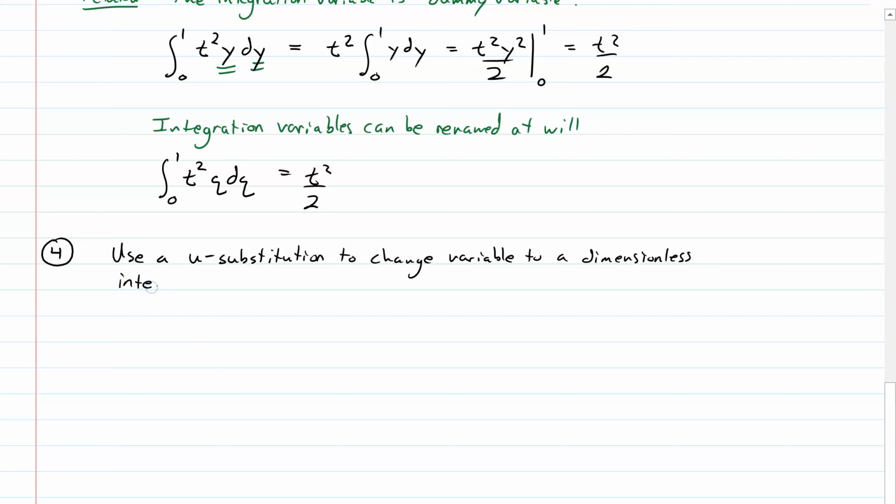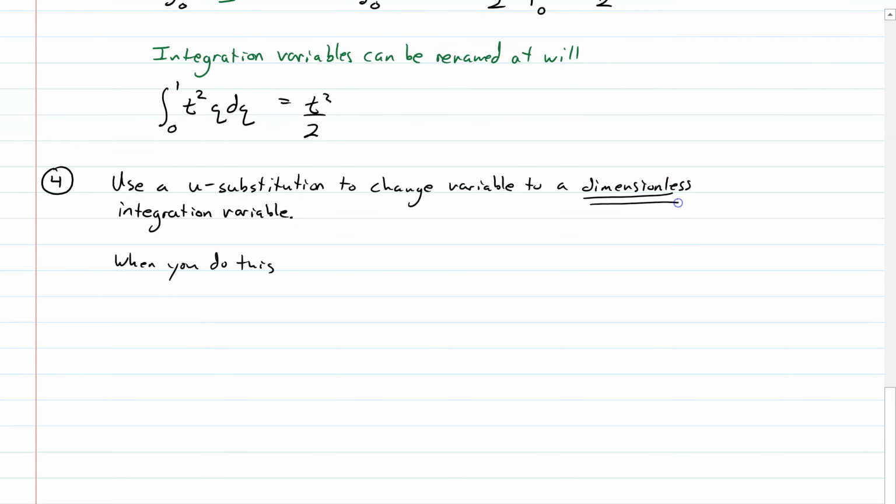Dimensionless integration variable. When I say dimensionless, I mean unitless. Right? I want to change the integration variable to a variable that has no units.